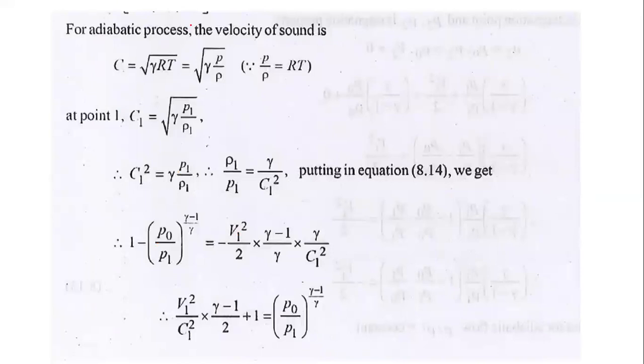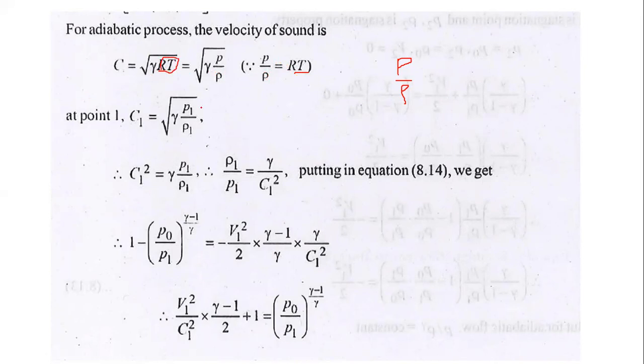For an adiabatic process, we all know that the velocity of sound c is equal to under root of gamma into R into T. Since P upon rho is equal to RT, we are converting this RT into P upon rho.